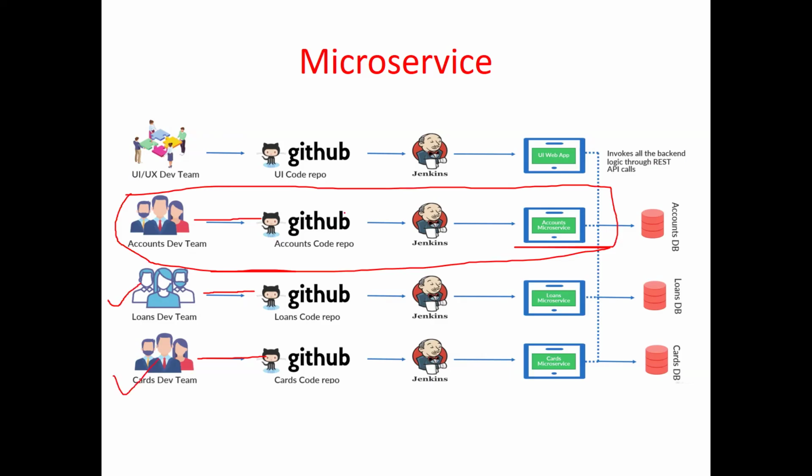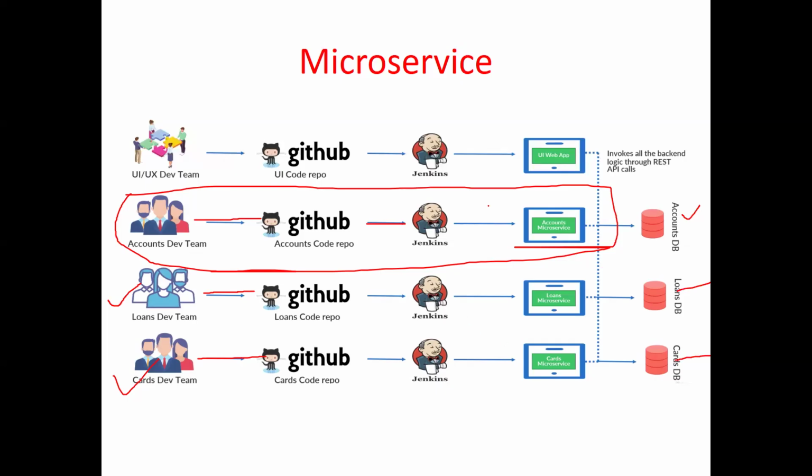One scrum team is around 6 to 7 members: one tester, two developers, one architect or some QA, one scrum master. Now each has a separate Jenkins pipeline and a separate database. It is completely taken care of by a few developers for each job.